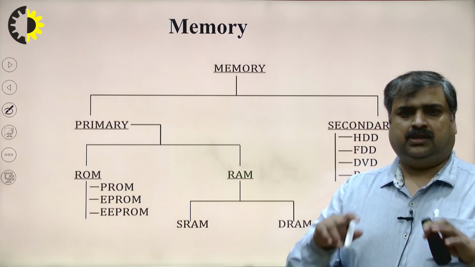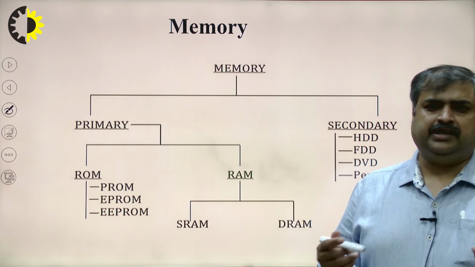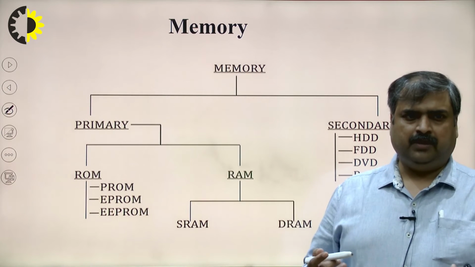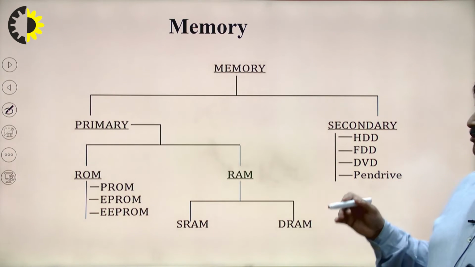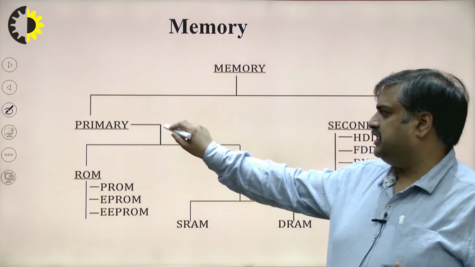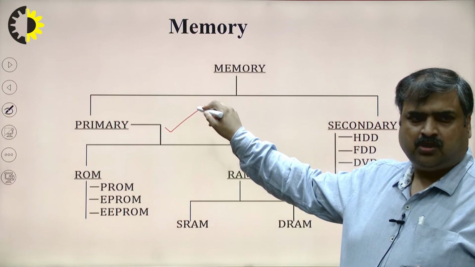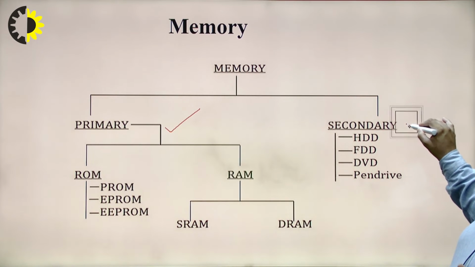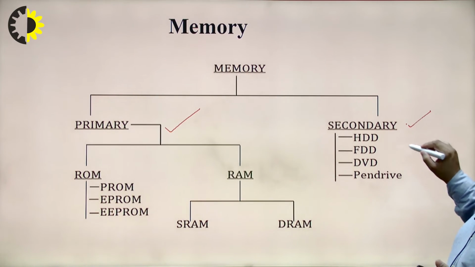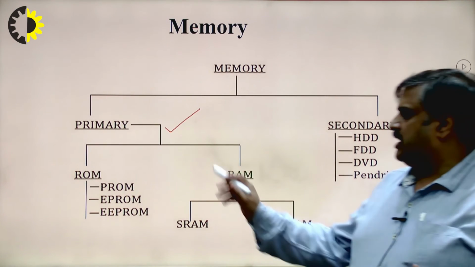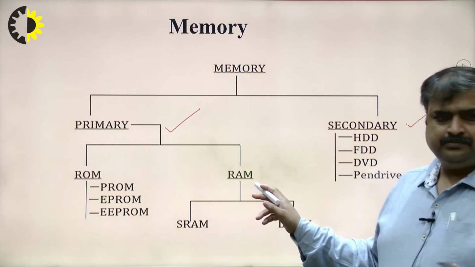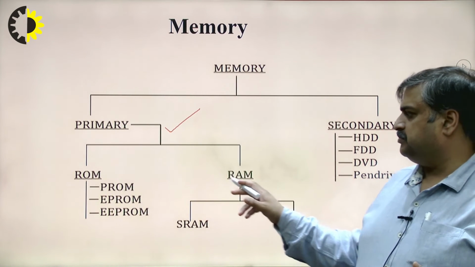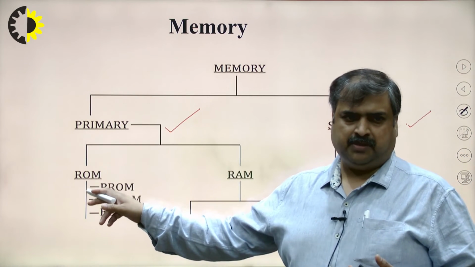In memory, there are different kinds of memories now available. As I have already told, the memory which is directly accessible to the processor is called primary. The memory which is not directly accessible is called the secondary memory. Primary contains ROM and RAM. RAM stands for random access memory, ROM stands for read-only memory.